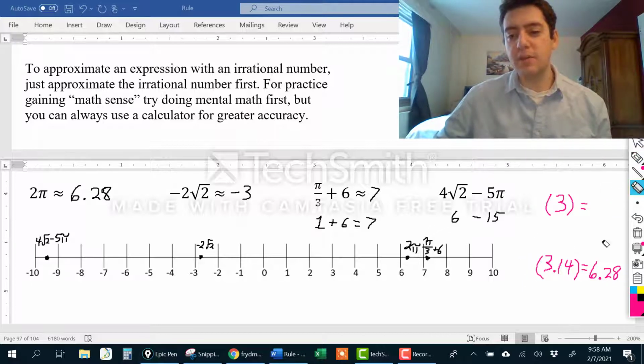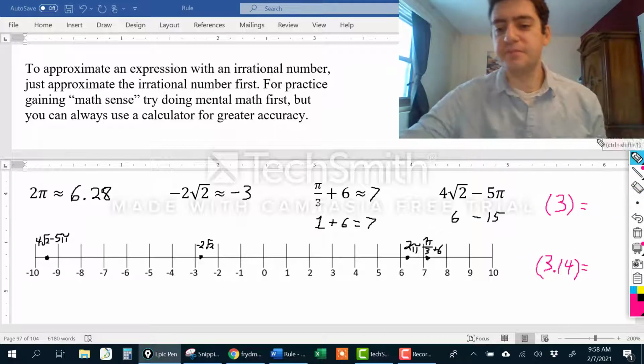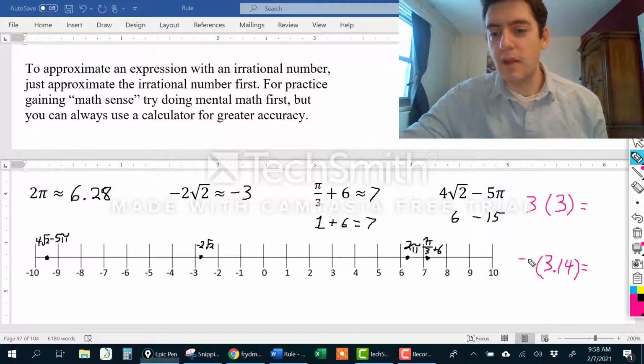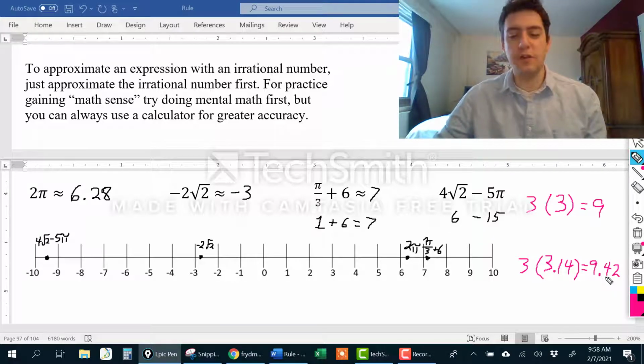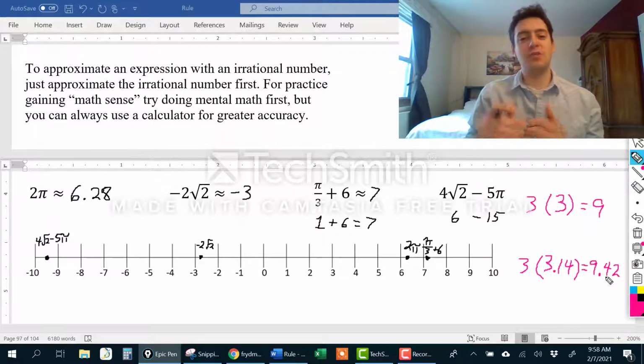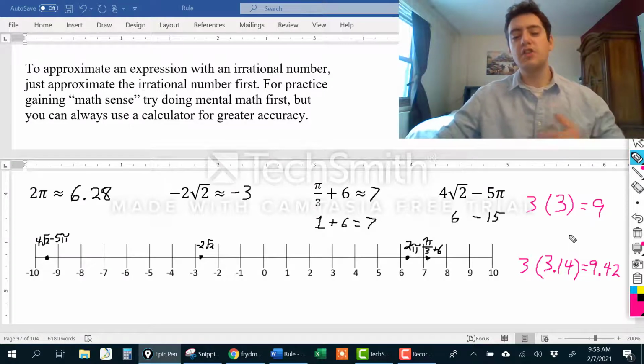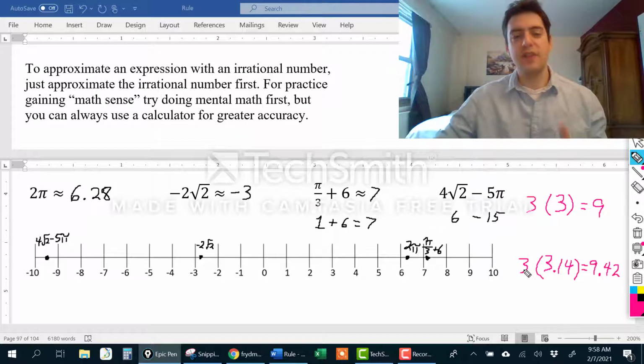What if I were to multiply by 3? Then this would be 9, and this would be 9.42. All right, and the difference between 9 and 9.42 is 0.42. So now the error has jumped all the way to 0.42. So the bigger the coefficient is, the more the error is going to be.